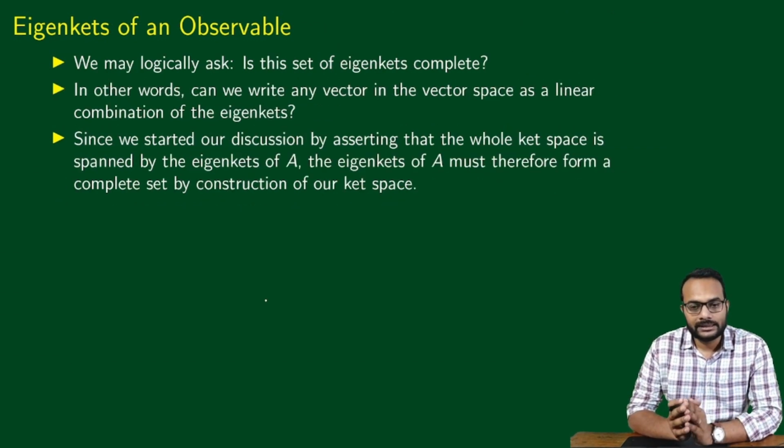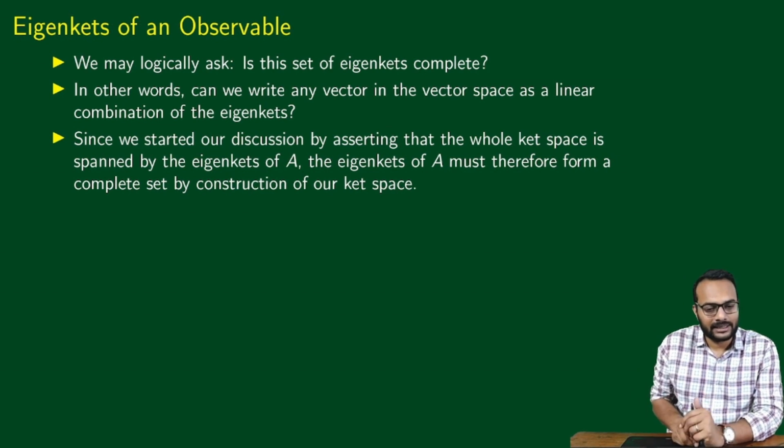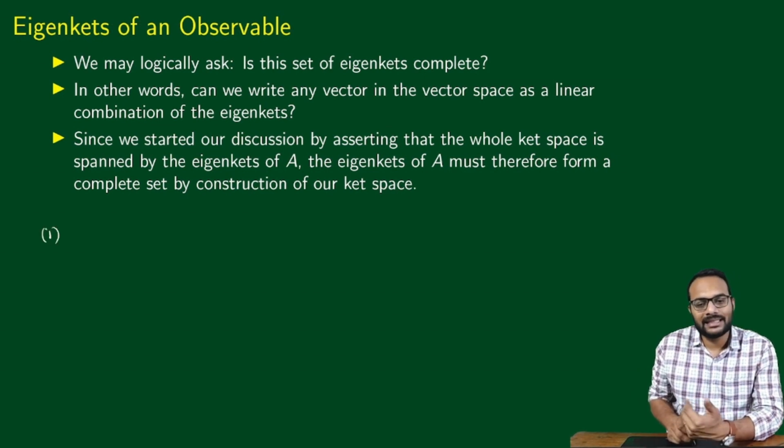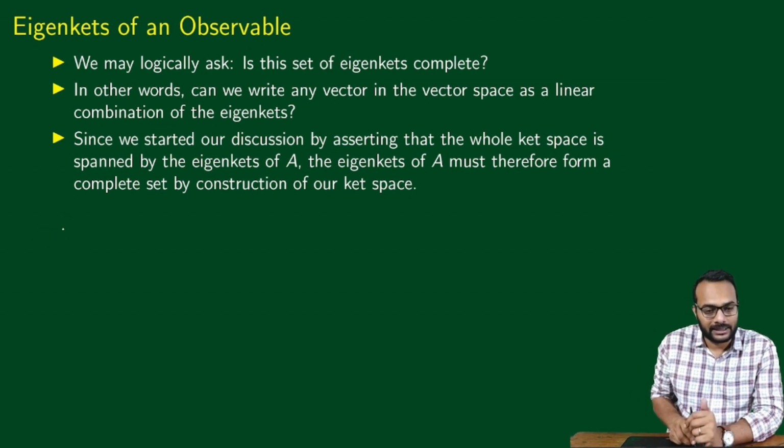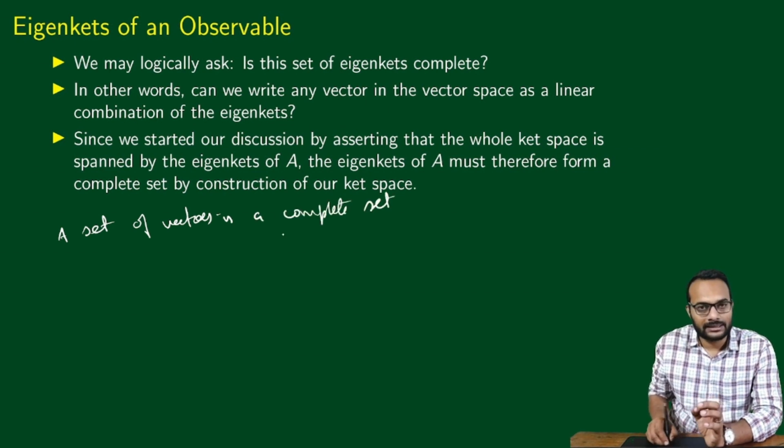So the question is, is this set of eigenkets complete? When do we say that a set of vectors is a complete set? Let's try to answer this question first. We can say a set of vectors is a complete set if two conditions are satisfied.